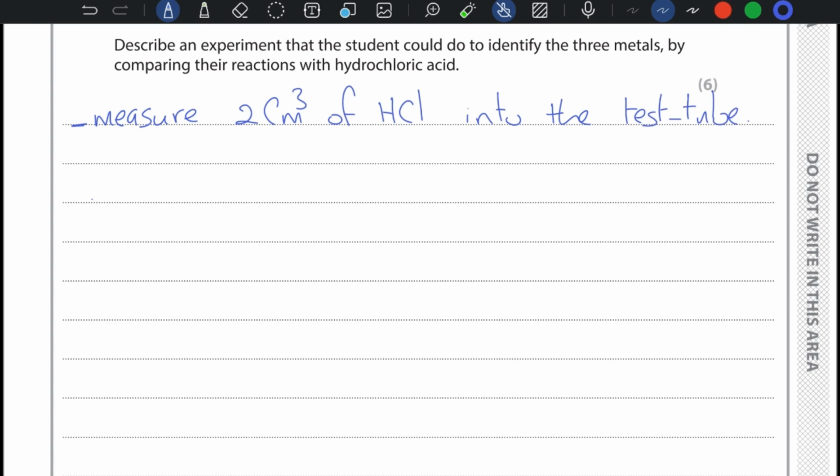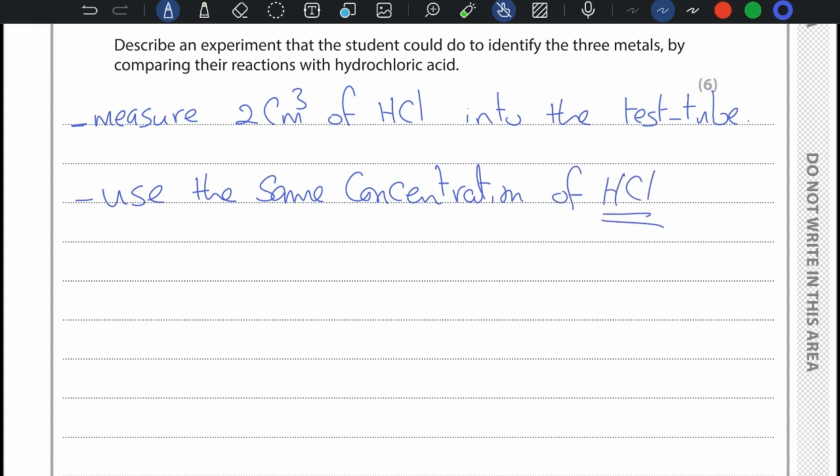Then use the same concentration of hydrochloric acid, not sulfuric acid, to make a fair test. What else?